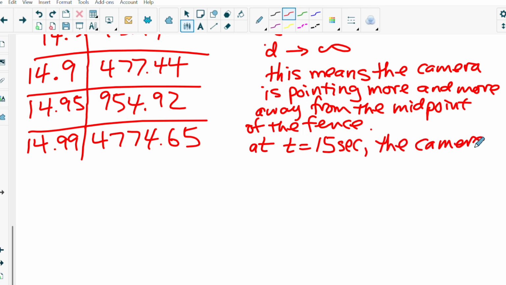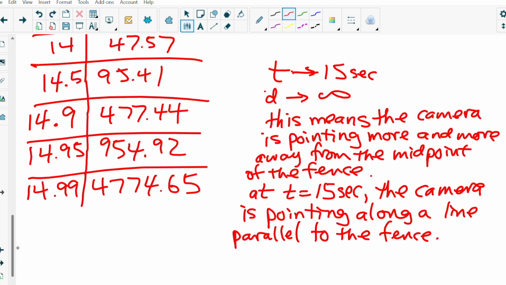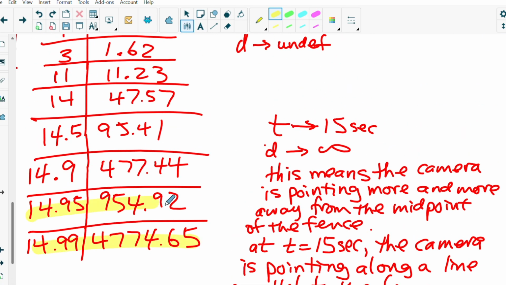The camera is pointing along a line parallel to the fence. I'll highlight it. That's what it would look like right here, parallel to the fence. So that's what we're seeing physically, and we're seeing it through this progression here.